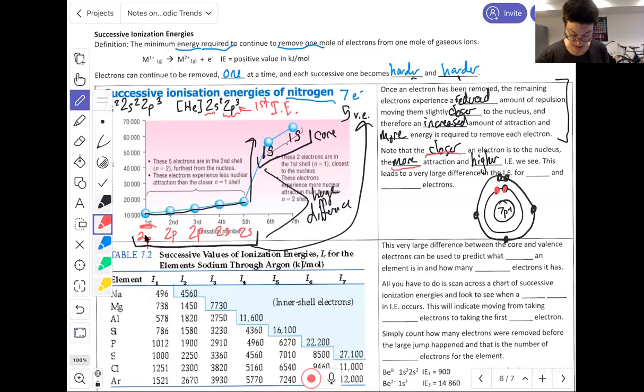That should make sense, that these are going to have more attraction here than the ones that are farther away. So this is going to be what gives us a large difference in ionization energy between the core and the valence electrons.